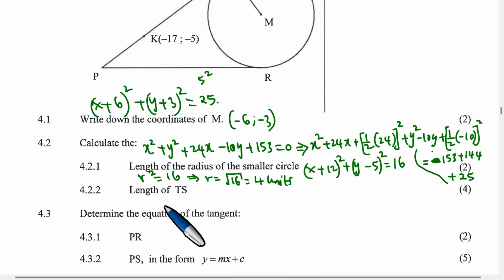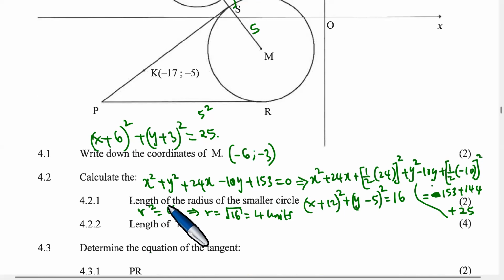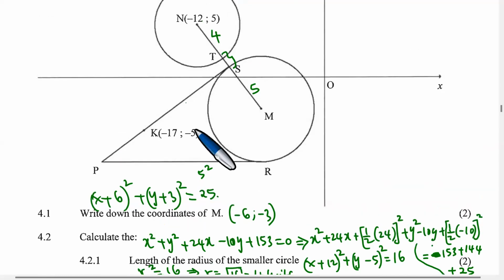To find the length of TS, we proceed as follows. We just need to find a couple of things. We need to find the length of NM.